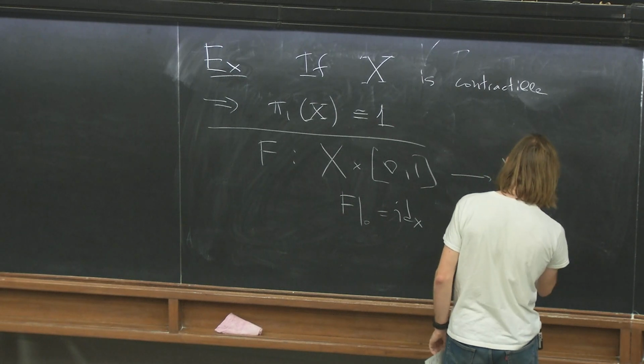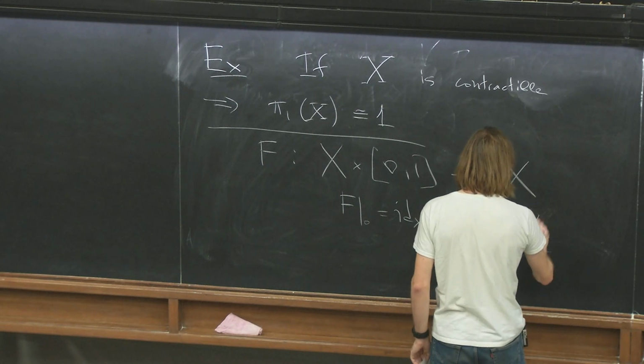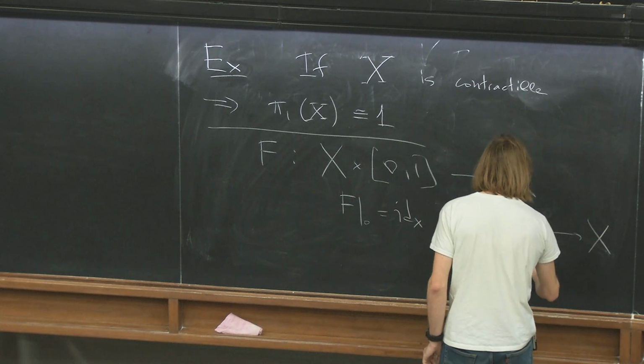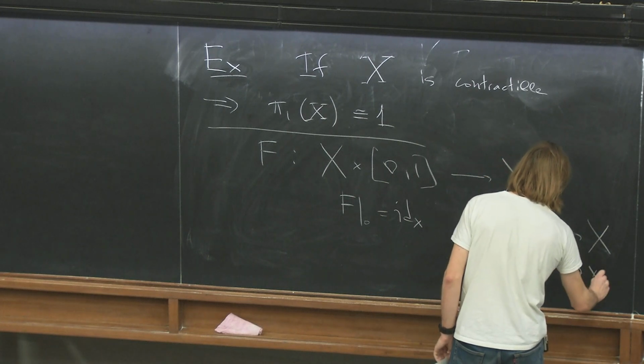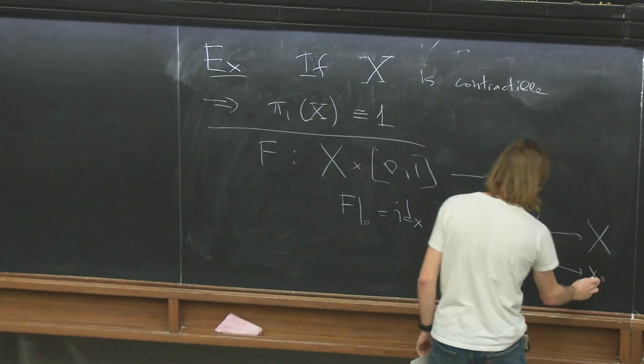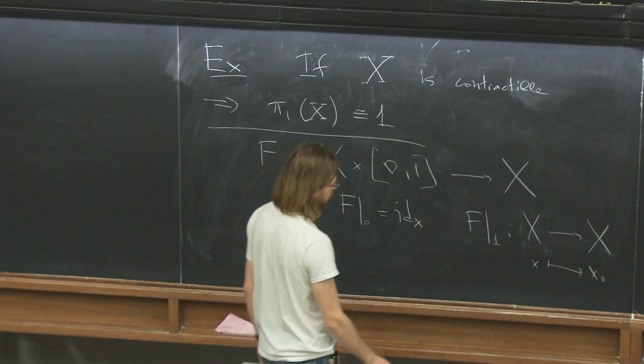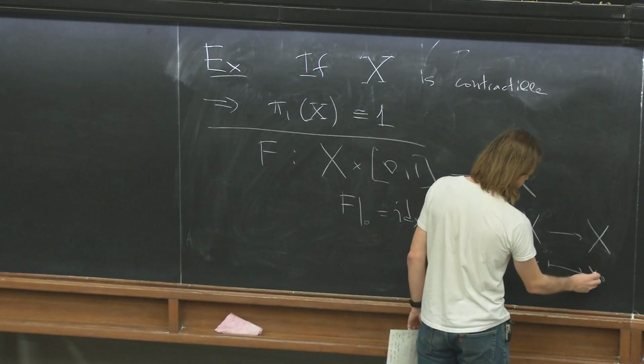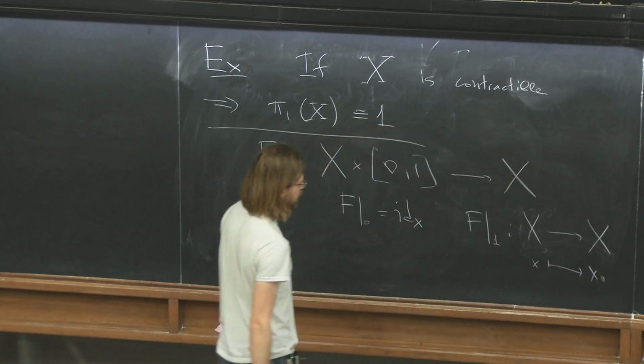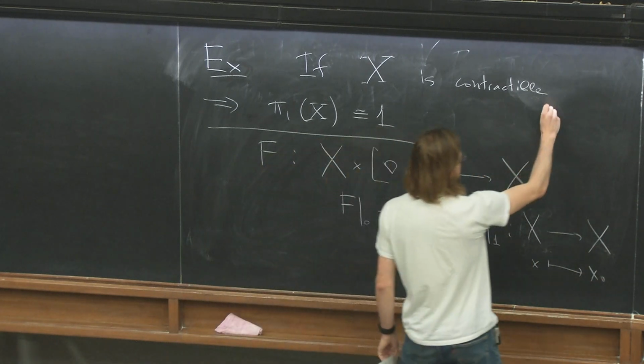F1 is a constant map which sends any point to some fixed point x0. So the subspace consisting of this x0 is a deformation retract.